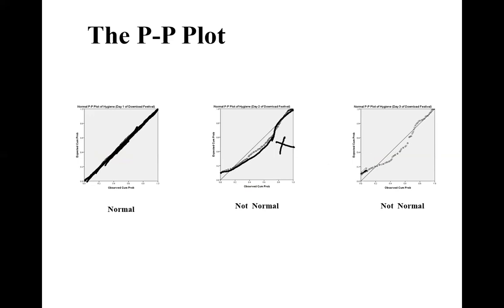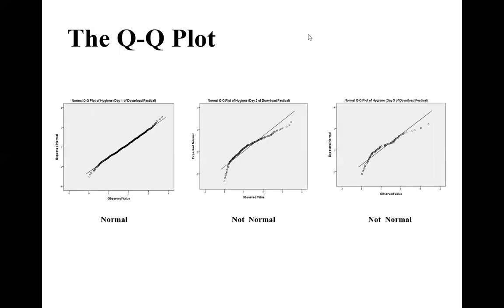If some data are above the line and some below the main line, this data is also not normal. And the qq plot means quantile plot again.